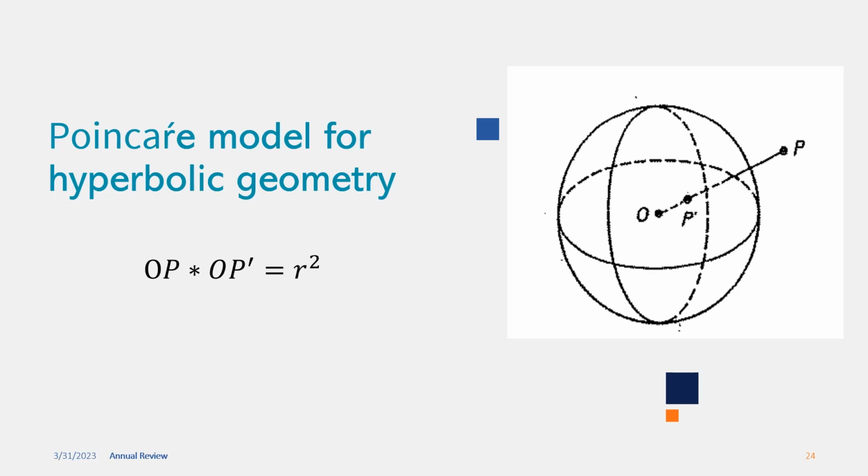It shows that P and P prime are inverse points with respect to the sphere of radius R, then OP multiplied by OP prime is R squared. Same application as previously, but in this case we are referring to the sphere, the three-dimensional illustration.